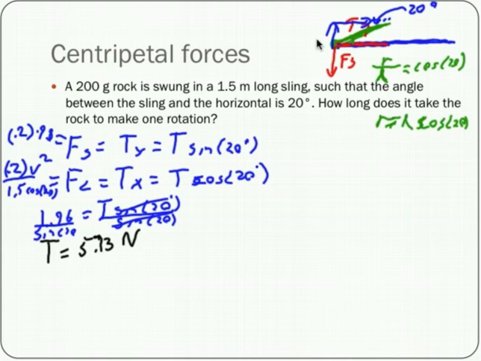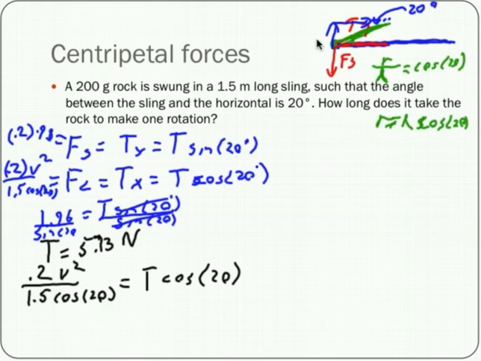Now that we know that, we can use that to solve the rest of this, because we know that we have 0.2, not 0.02, 0.2 times v squared divided by 1.5 cosine of 20 is going to be equal to T cosine of 20.